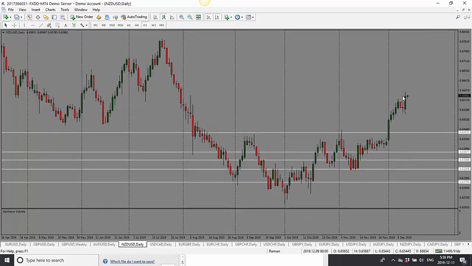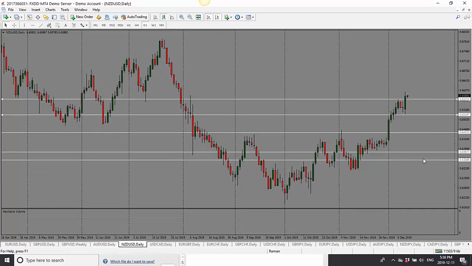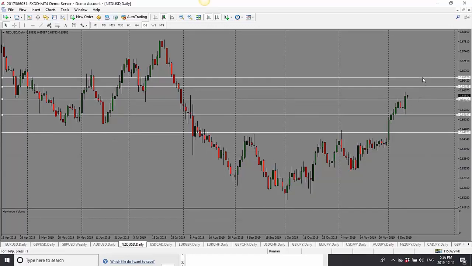New Zealand dollar, a big move to the upside here as well, and this is still looking bullish here. And looking for a further move to the upside here, 0.6620 is the first target. And then we could potentially see another move towards 0.6650.